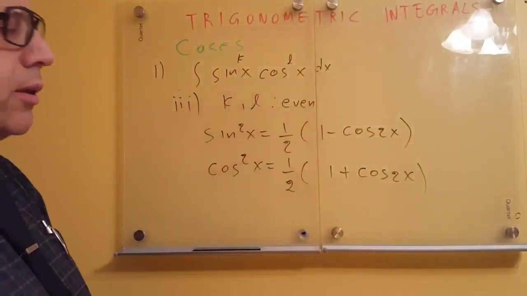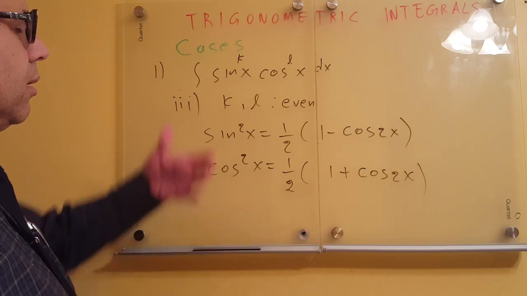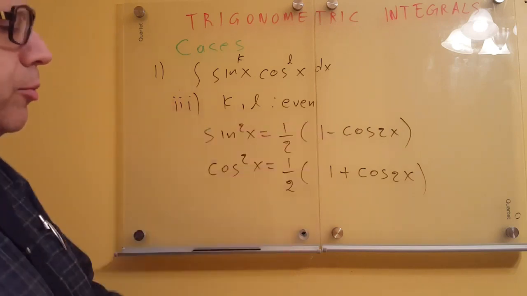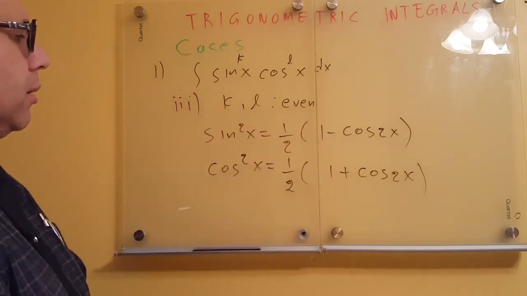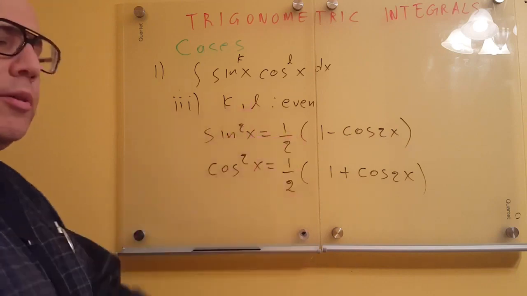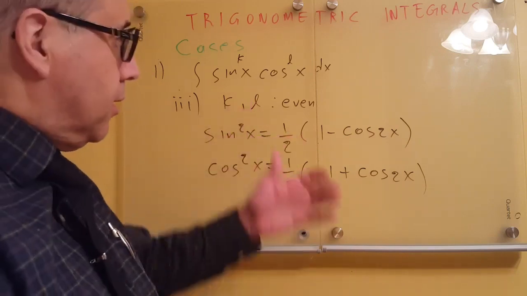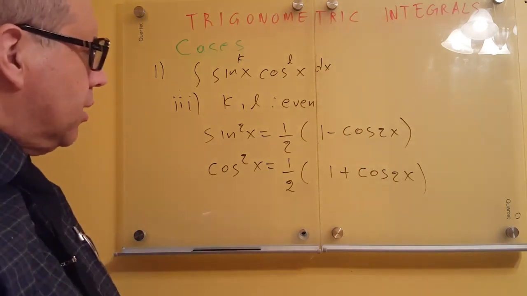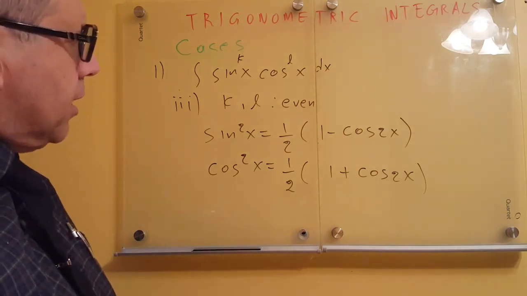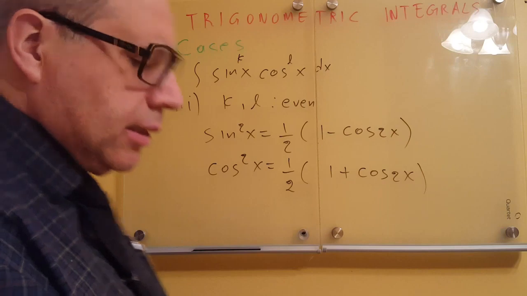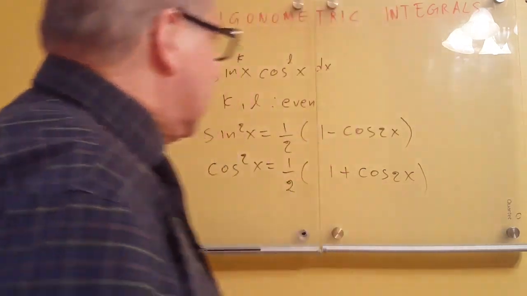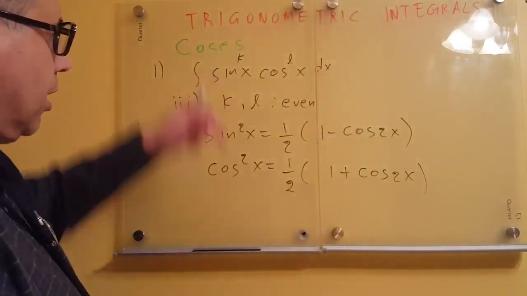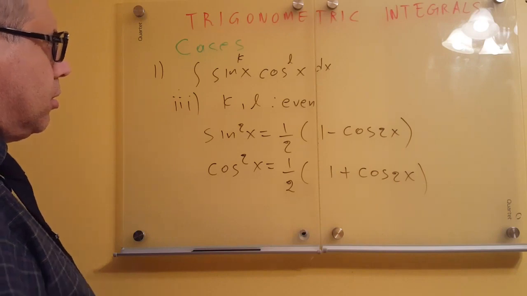These two are some formulas that you can derive from trigonometry, but here you just have to use them as they are. You don't have to prove anything. So now let's see how we can work this out.